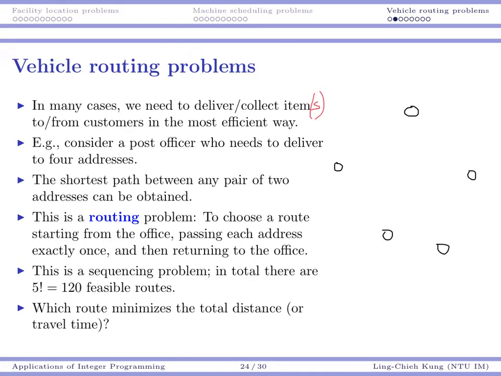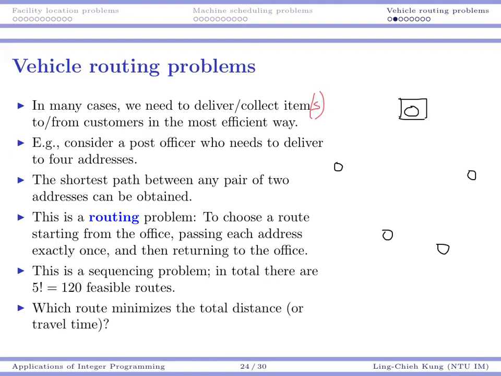Okay, you have 4 different addresses and you have your own post office. For each pair of 2 addresses, the shortest path can be obtained. Because if you are given here and here, no matter how complicated the route is, you know what's the shortest path.